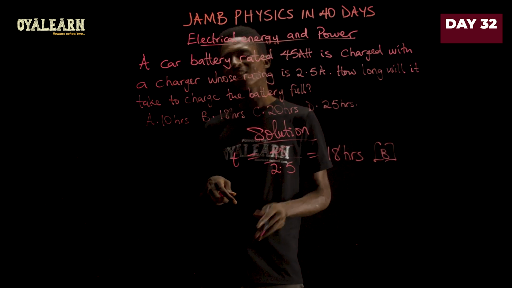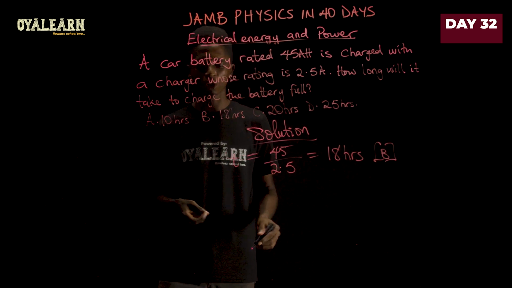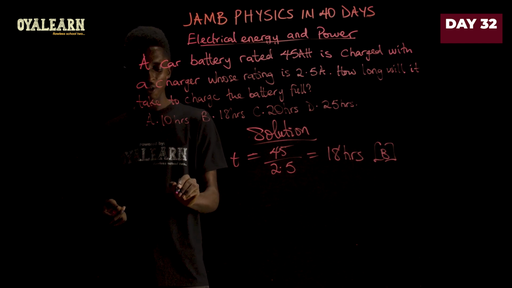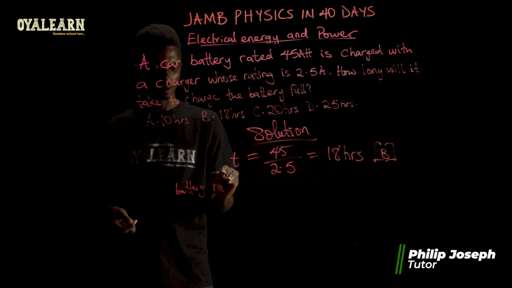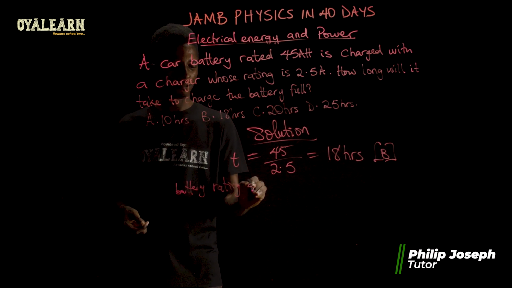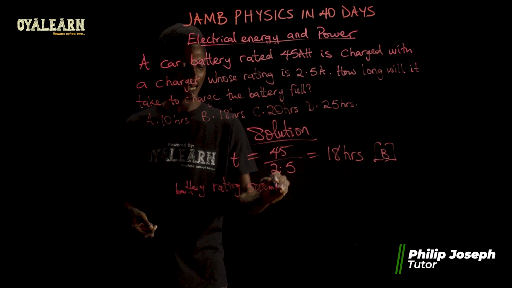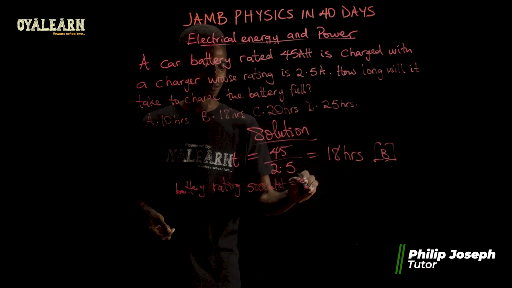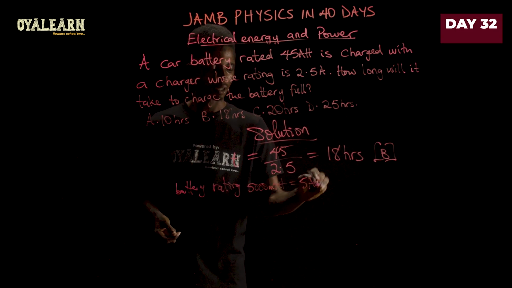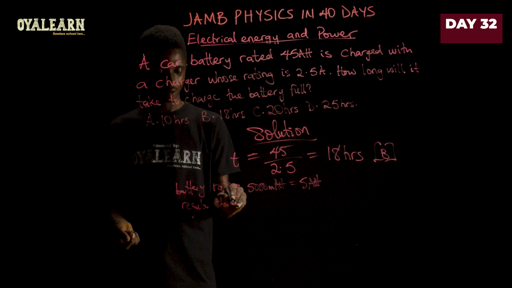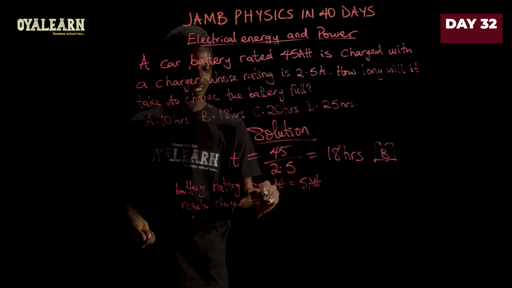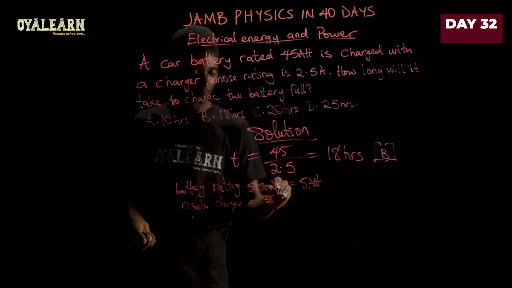Now, if you apply this to the regular phones, like what I mentioned, regular phones have battery rating of 5,000 milliamps hour, which is 5 amps hour. Okay, and the regular chargers are rated 2 amps.